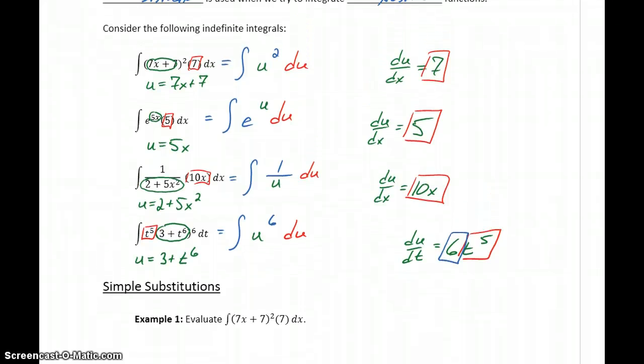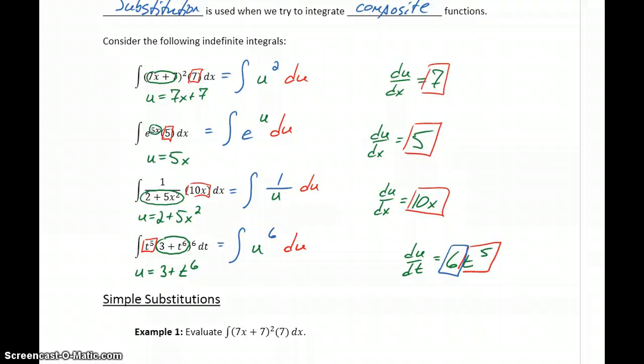But so far what we want to do is just recognize the general pattern of what we're doing. Identifying some interior function. Once we have that interior function, once we take its derivative, hopefully that's going to match up, or at least very closely match up, with some other portion, whatever is left in that integral statement. We're going to apply a process we haven't explained just yet, but be able to work this out so that we get a simplified integral statement, which we can then evaluate using the properties we've already established.